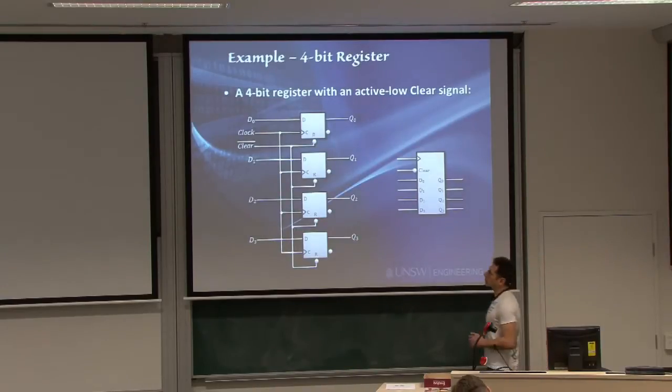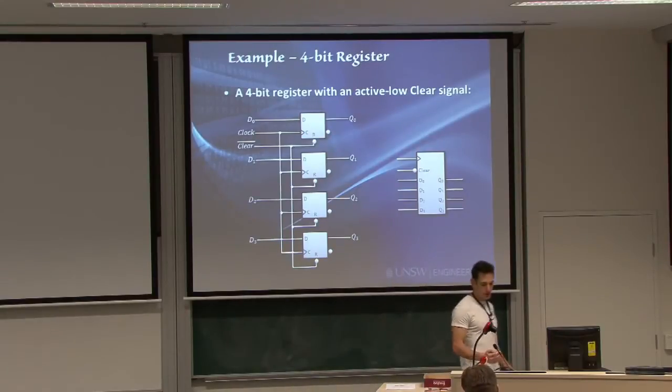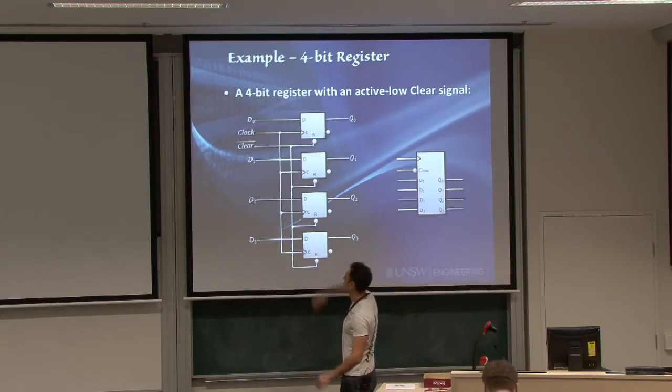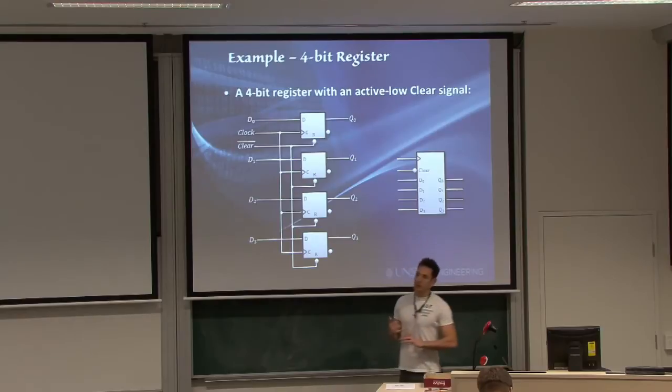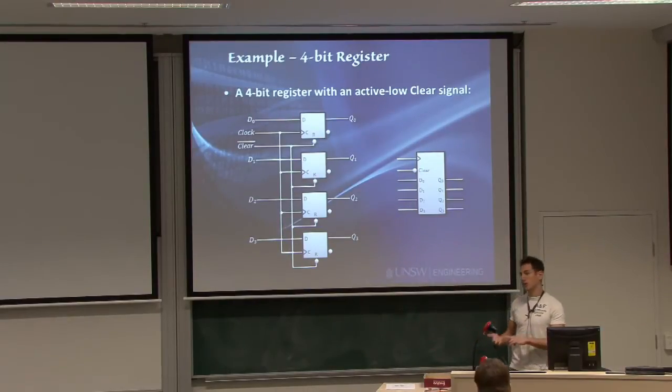Here's an example of a 4-bit register. Essentially, it's just 4 flip-flops right next to each other. Each one of them has a data line coming into it, but they all have a common clock, and they all have an active low reset, or clear, signal.